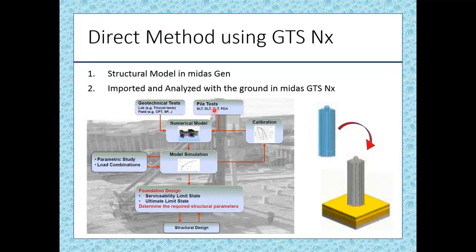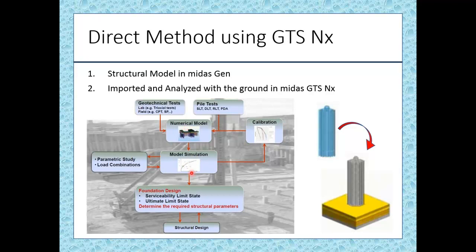All right, and we need to create this numerical model by doing some calibrations with respect to the on-site test results. After you are done with setting up a numerical model, then you can simulate the actual model by applying different types of foundations, like only rafts or piles, the number of piles, and locations of piles.